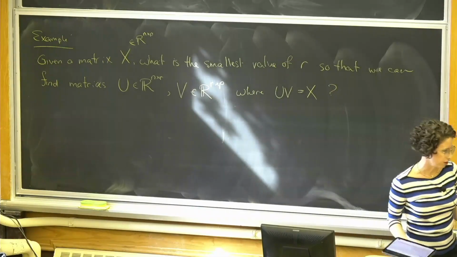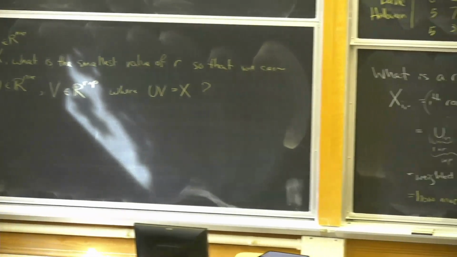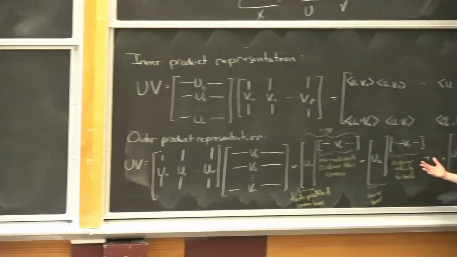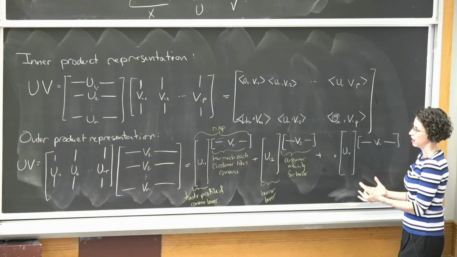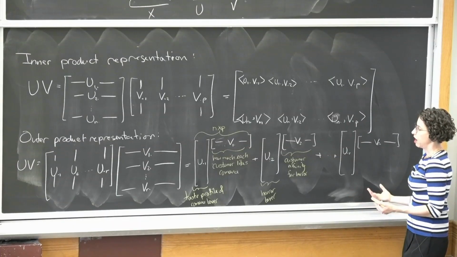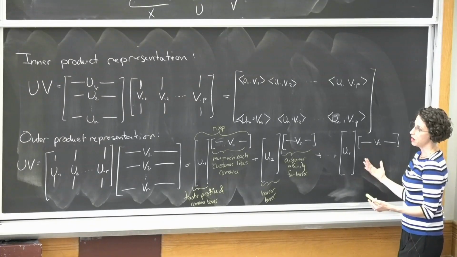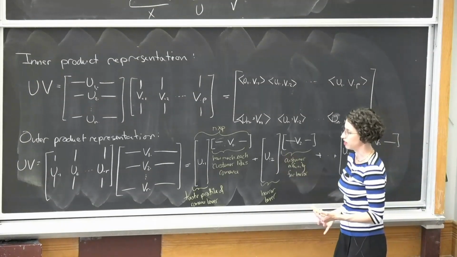So if we think back to this outer product representation that we had over here, I said, well, we can represent this product UV as a sum of R different outer products. And so what I'm asking now is, if I just hand you a matrix X, how many different terms in this sum do you need? How big does R need to be in order to find matrices U and V?